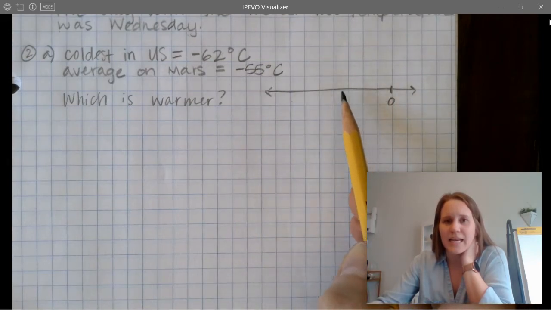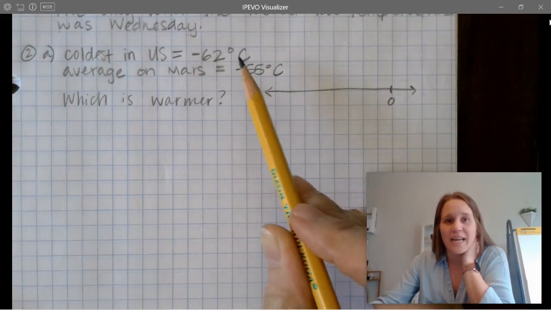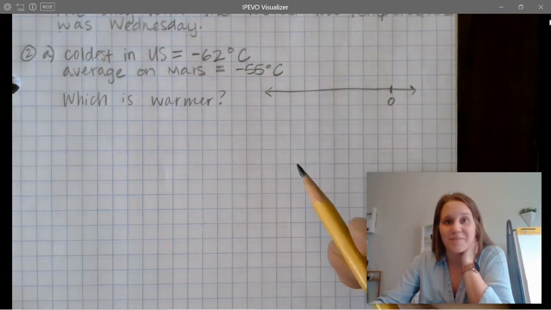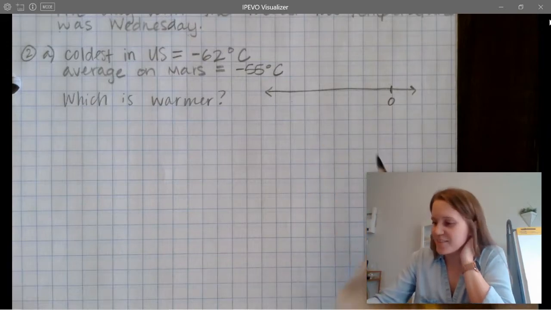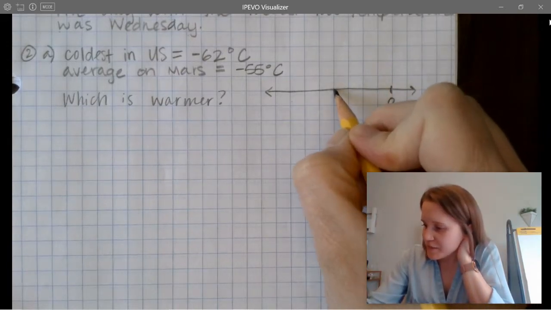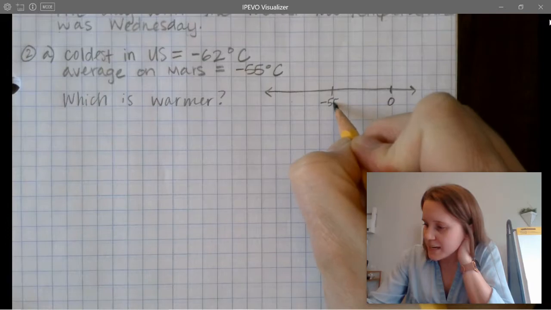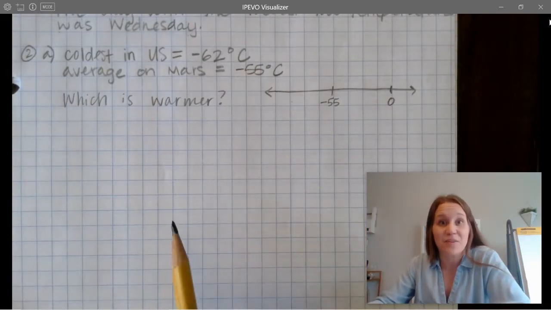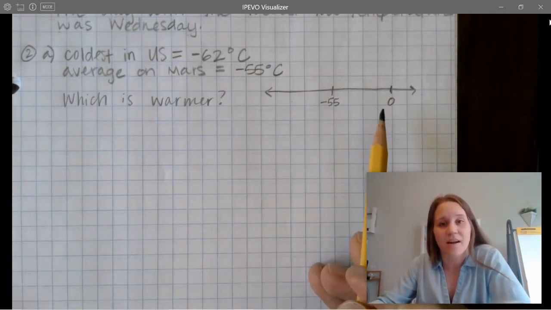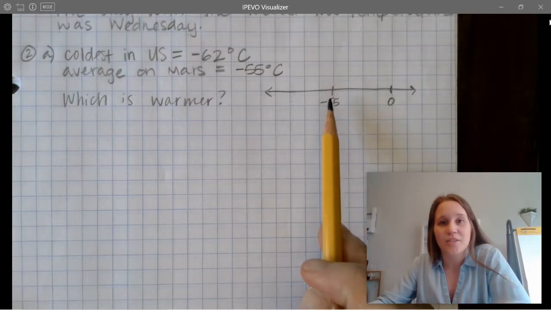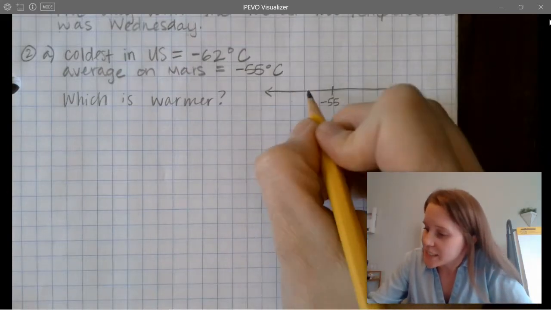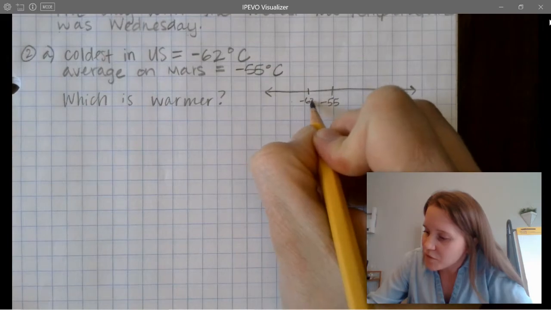Do you think I would hit negative 55 first or negative 62 first? If you said I would hit negative 55 first, you are correct. Negative 55 is 55 spaces away from 0. So it's closer to 0 than negative 62 degrees, which will be a little farther.